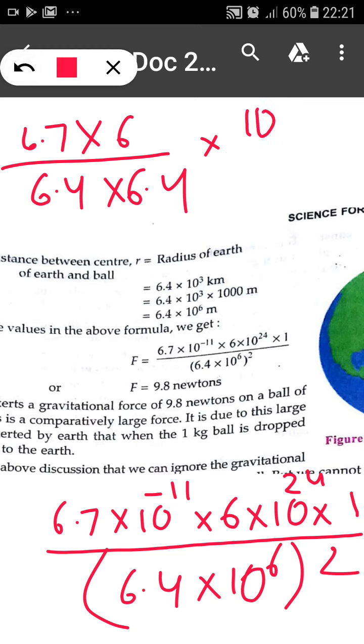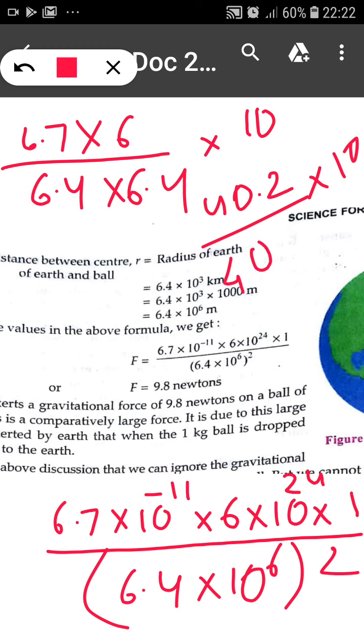And now we just have to multiply 6.7 into 6, which is given by 40.2. Okay, so again we will be using the 10 also, and at the bottom it is 6.4 into 6.4, which is 40.96.